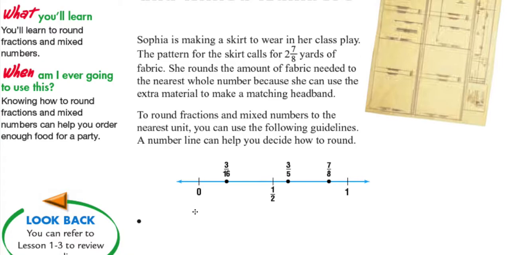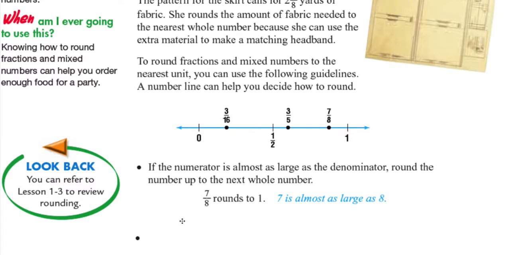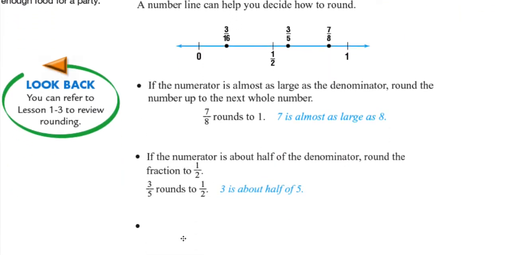Okay, so it's saying that if the numerator is almost as large as the denominator, round the number to the nearest whole number. So in this case, 7/8 rounds to 1 because 7 is almost as large as 8. Another rule of thumb is that if the numerator is about half the denominator, round the fraction to 1/2.